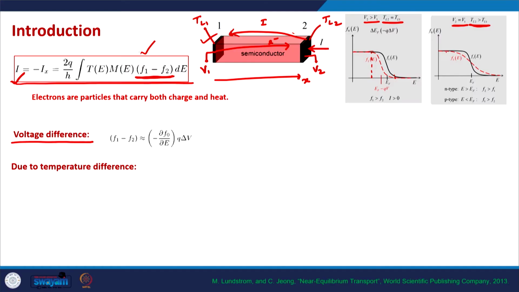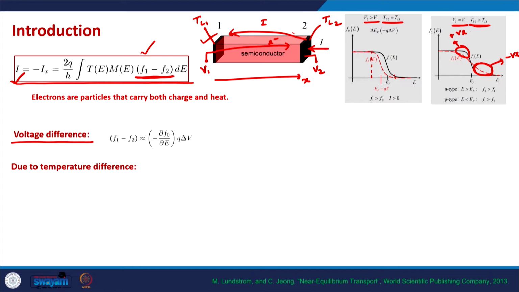It becomes non-zero for a wide range of energy values. So F2 becomes like this because T2 is now greater than T1, and as you can see, F1 minus F2 is non-zero: it is negative above the Fermi level and positive below the Fermi level. And the Fermi level does not shift because of the temperature difference.